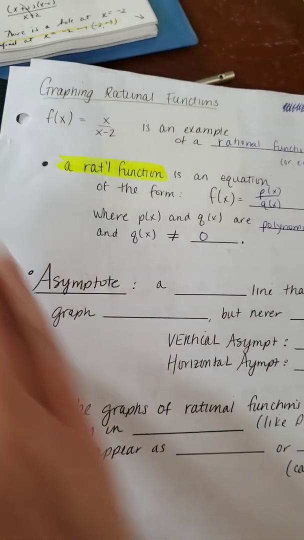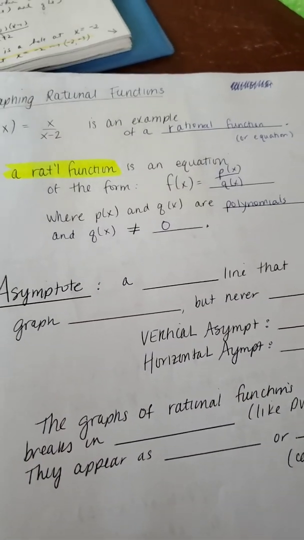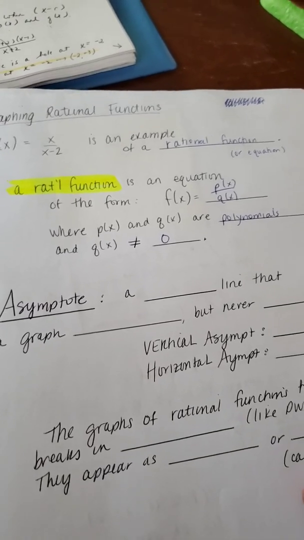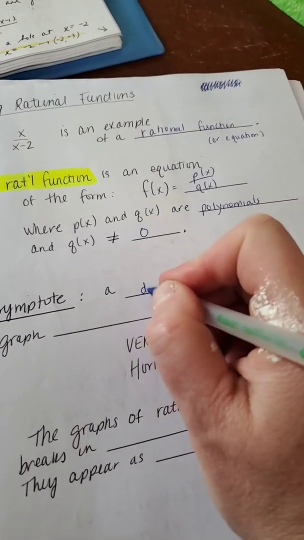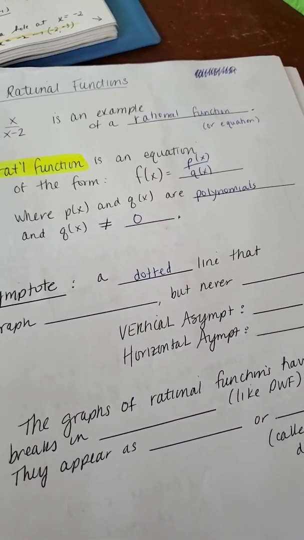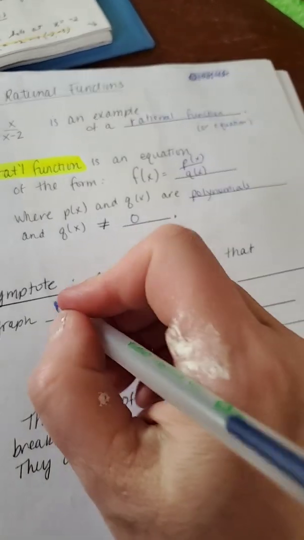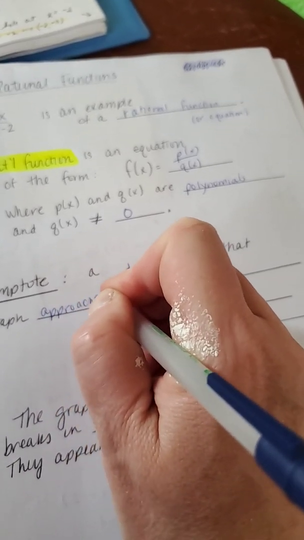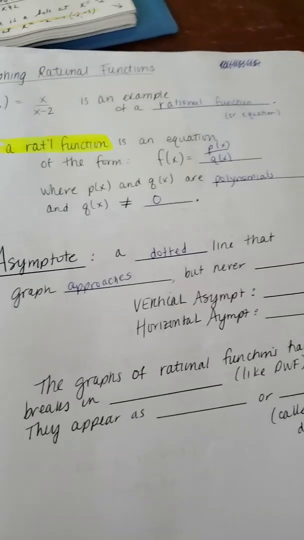You've been seeing the word asymptote. And an asymptote is a dotted line that a graph approaches but it never touches.